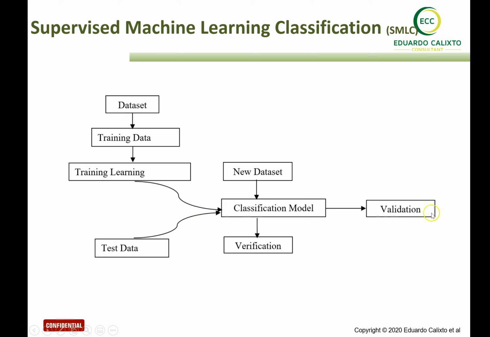Then we use a new data set to validate this model. In our case, we're going to use remaining useful life alert level classification. Of course, we split our data set into training and test data. Then, after that, we use a new data set to test if our model is proper and adjusted.